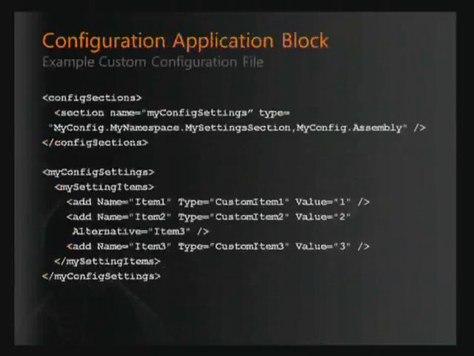So here's a config file. I've seen them all a million times, and you just have to have a config sections element at the top, and you have to create a couple of classes yourself that describe the structure of your particular config section. It's well documented, very easy. You just create a class, inherit from another one that's already provided, implement a couple of properties, and really that's all you have to do.